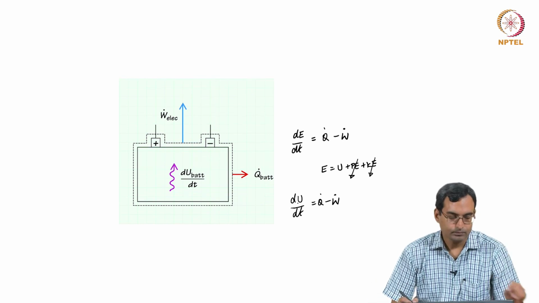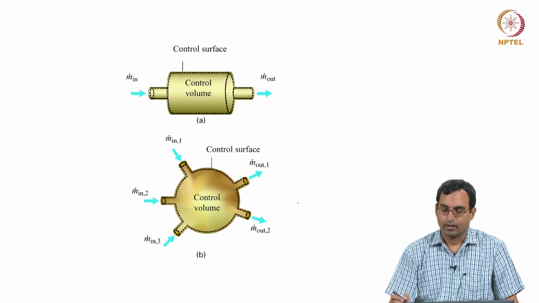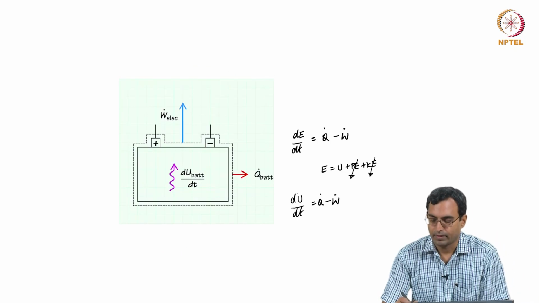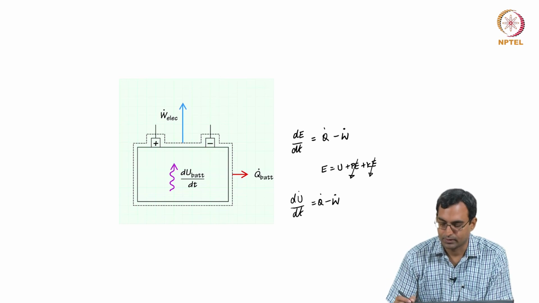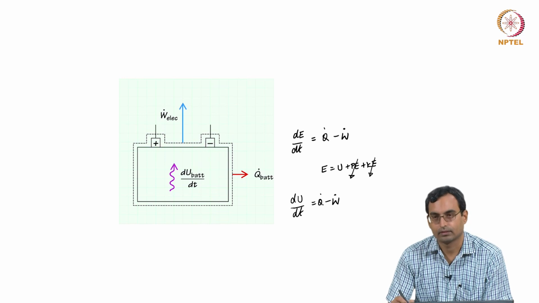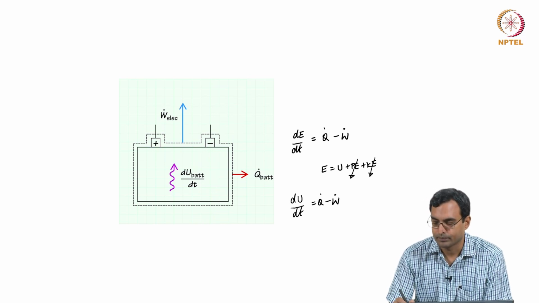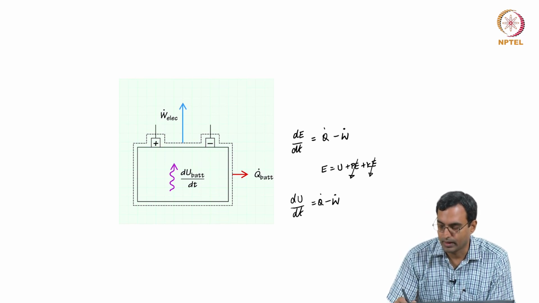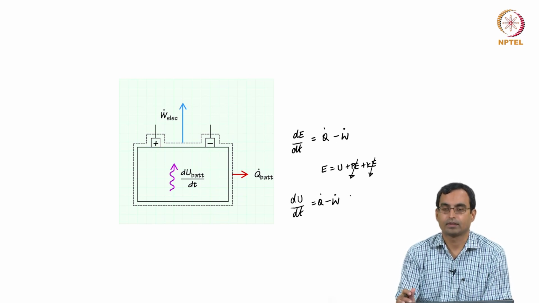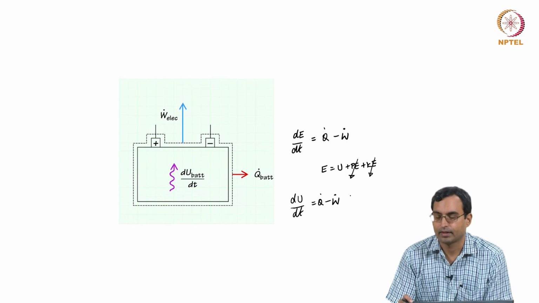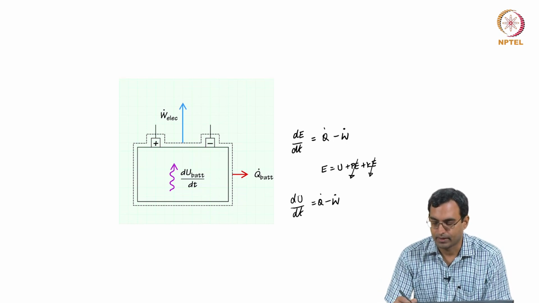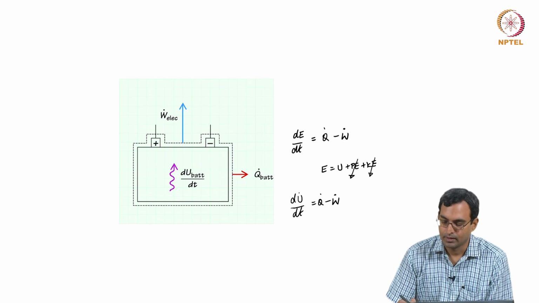So, if I wanted to find out how much is the change, I can of course, if Q dot and W dot are constant over a period of time, then I can find out delta U as Q dot minus W dot into delta T, if this was constant over a small period of time. If these are changing, then of course I have to integrate them. So, that is one way in which I can find out the change.